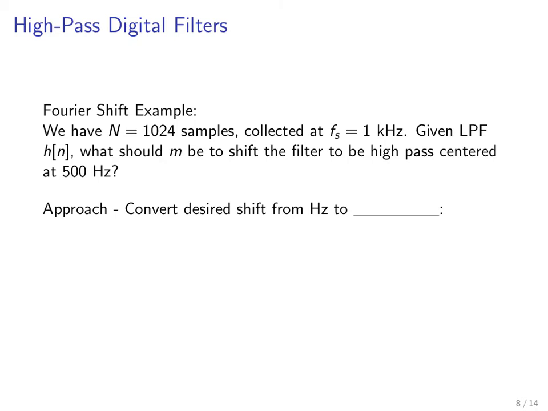Okay, so to do this, what we have to do is convert the desired shift of 500 hertz into a frequency index into the discrete Fourier transform of our signal.